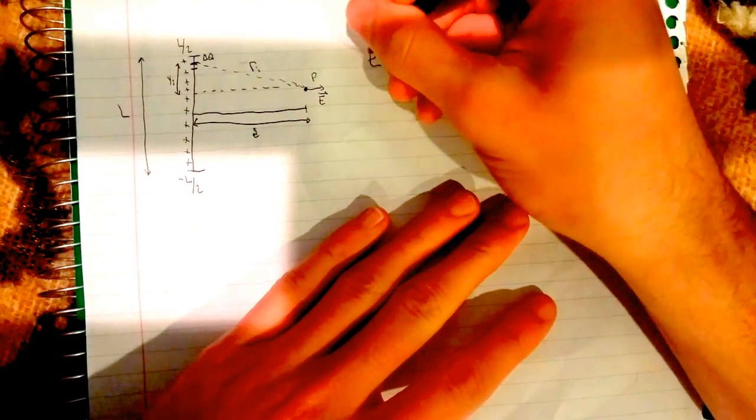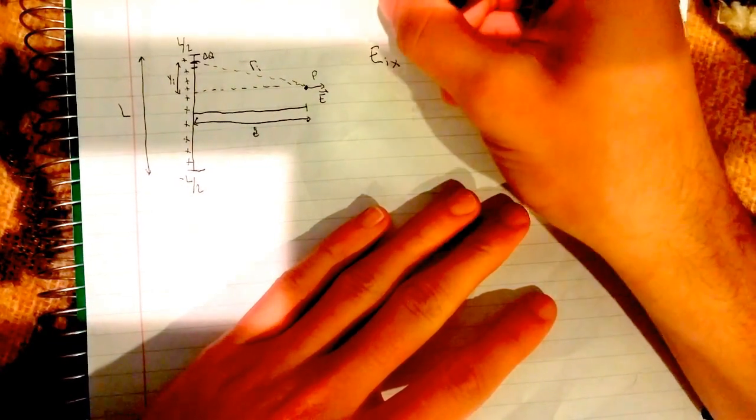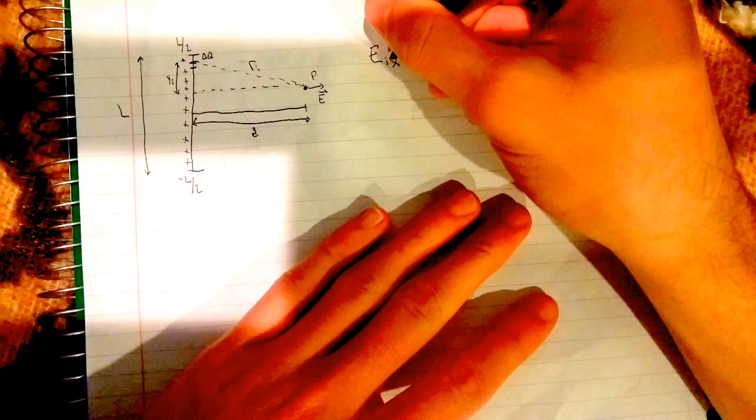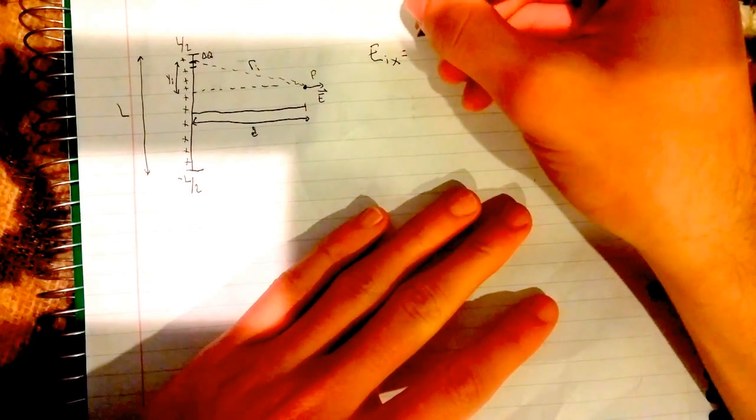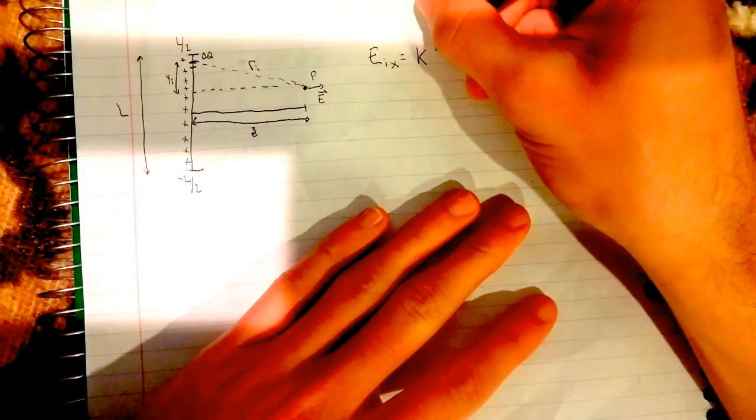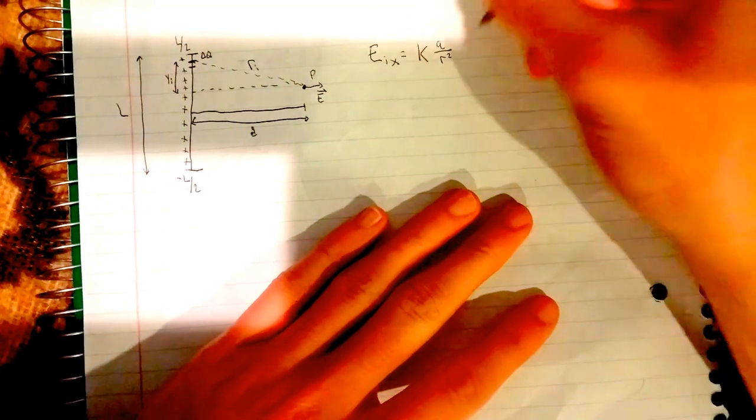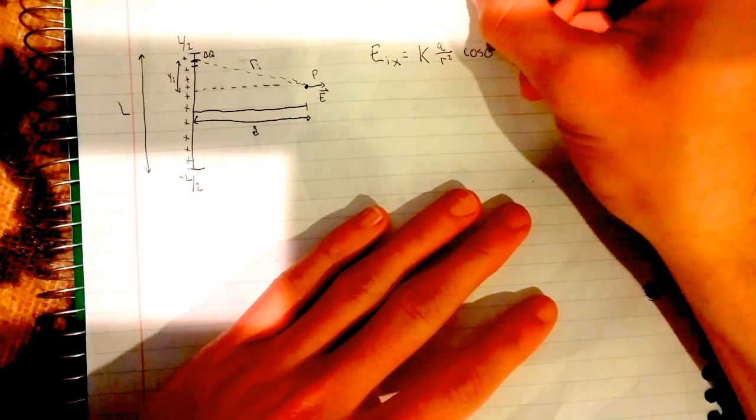So after you recognize that, you can start by writing here E_i to the x, or E_ix, is equal to kq over r squared times cosine theta, because we're only finding the x component.